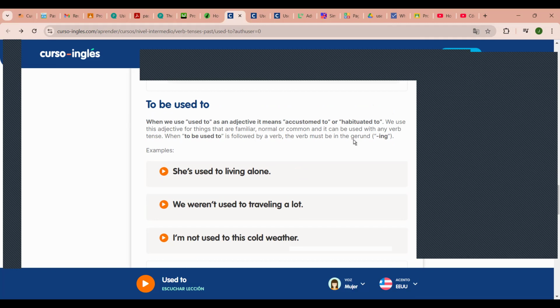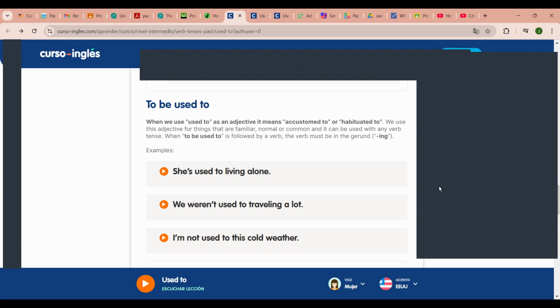All right. Here we have three examples with used to. Here we have some gerunds, or when we're talking about the state of the weather or what you are describing yourself as. All right. Here, help us, Pacheco.